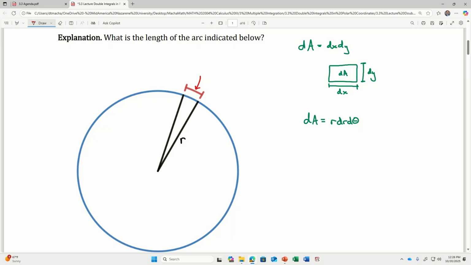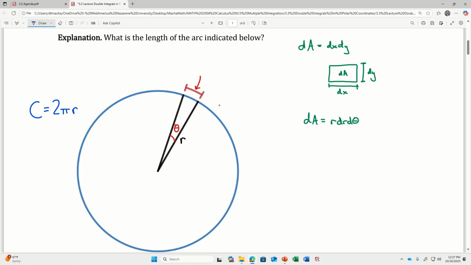It depends on two things. It depends on how large this radius is, because if this is a huge radius, then that segment's going to be longer. If it's a really small radius, this is going to be a small segment. But it also depends on the angle. Because if this angle is larger, that makes my segment larger. If the angle is smaller, it's going to make that little arc length smaller. And I know the entire circumference of the whole circle is 2 times pi times r, right?